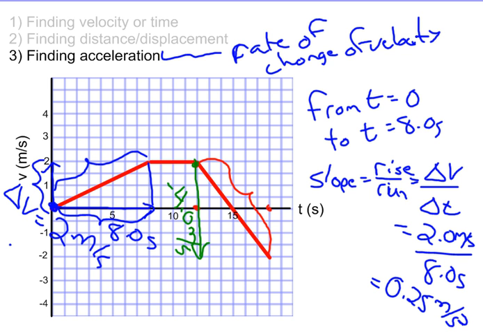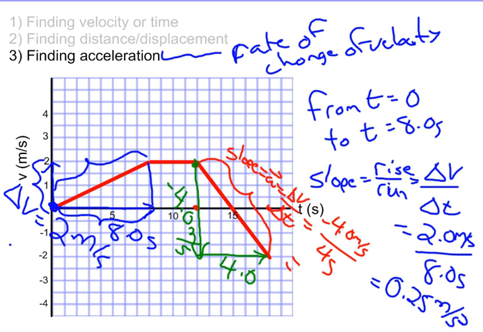And we have a run from the 12-second mark all the way over to the 16-second mark, so that's a run of 4.0. So when we calculate the slope for this region, the acceleration is delta V over delta T. We get minus 4.0 meters per second over 4 seconds, or minus 1.0 meters per second squared.